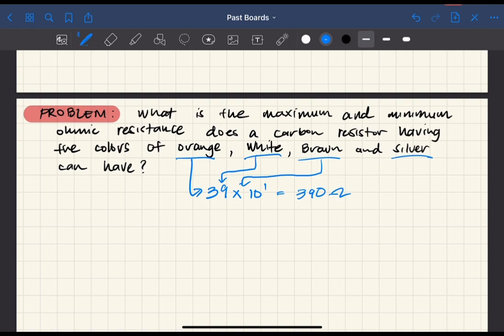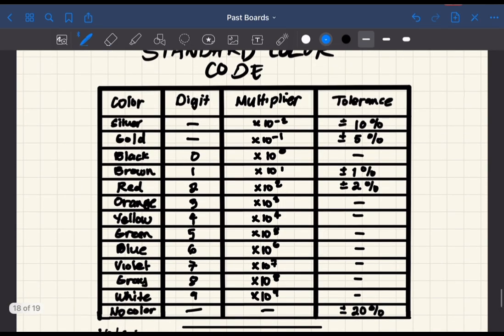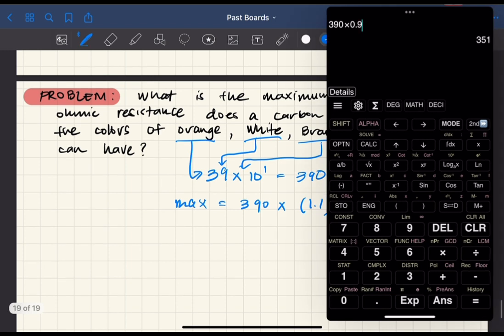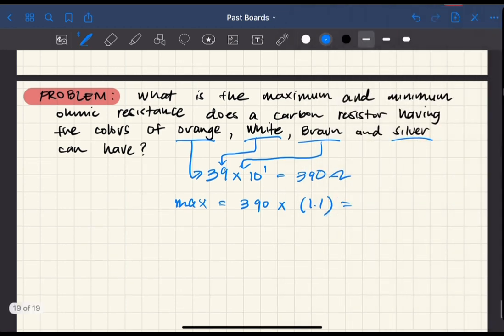Since silver is plus minus 10%, the maximum value that the resistor can get is 390 times 1.1, which is 429 ohms.